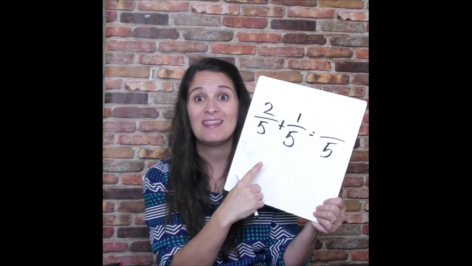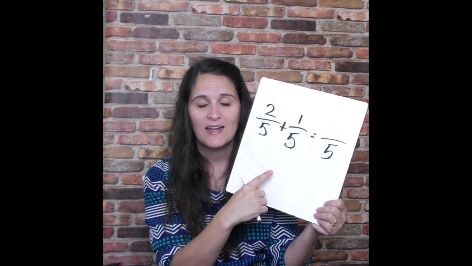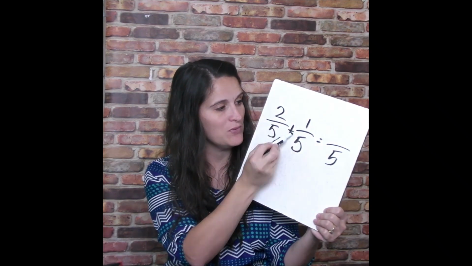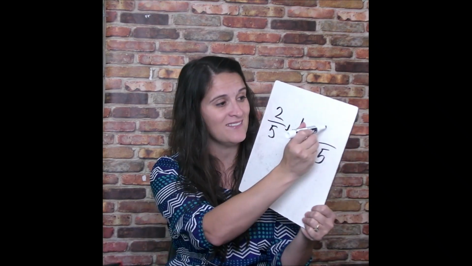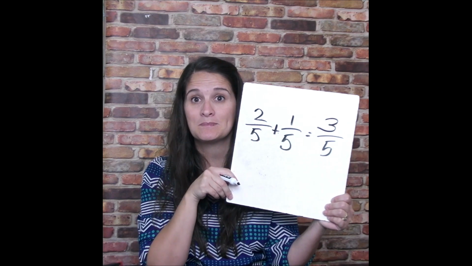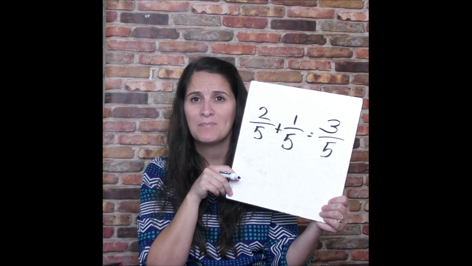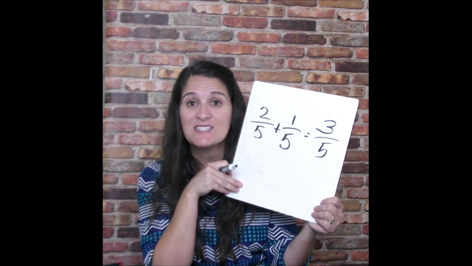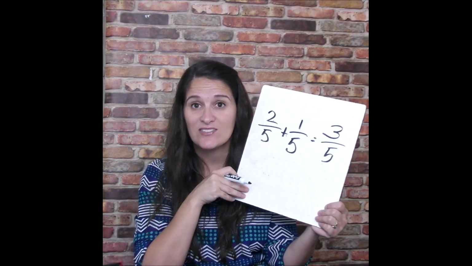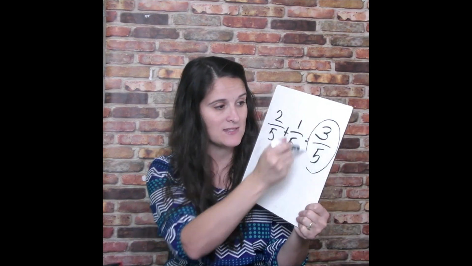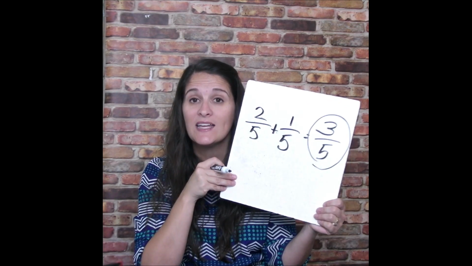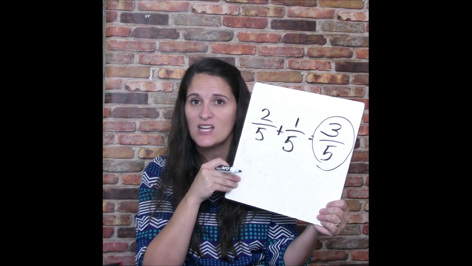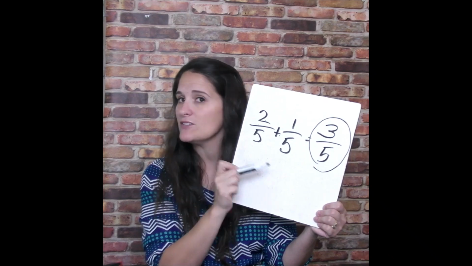They're the same, leave them alone. Next we have 2 plus 1 gives you 3. Are you done? Yes. There is not a number that evenly divides into 3 and 5. So that is your answer, 3/5. Denominators are the same, leave them alone.